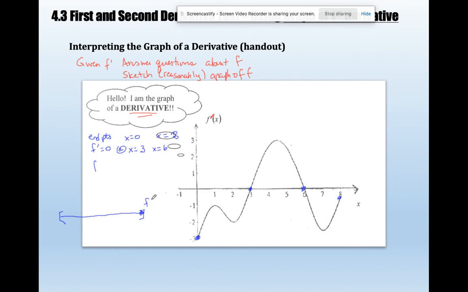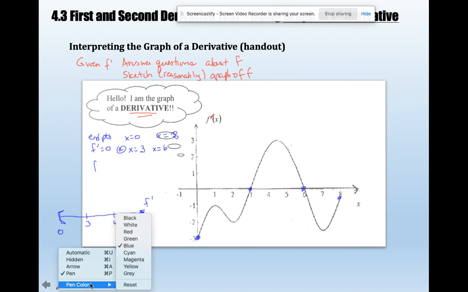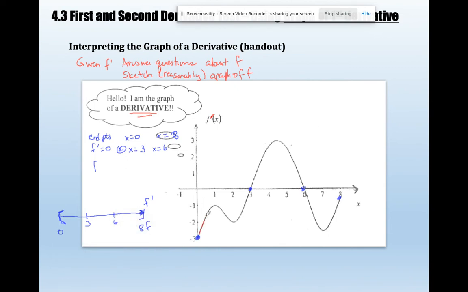I'm going to make my first derivative suspect list. And on my number line, I have closed circles at 0 and 8, and my first derivative is 0 at 3 and 6. My first derivative is negative from 0 to 3.